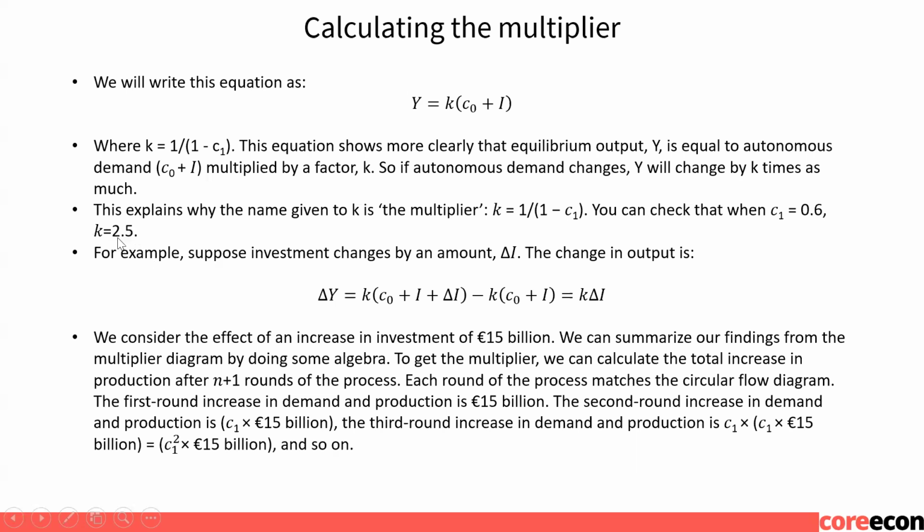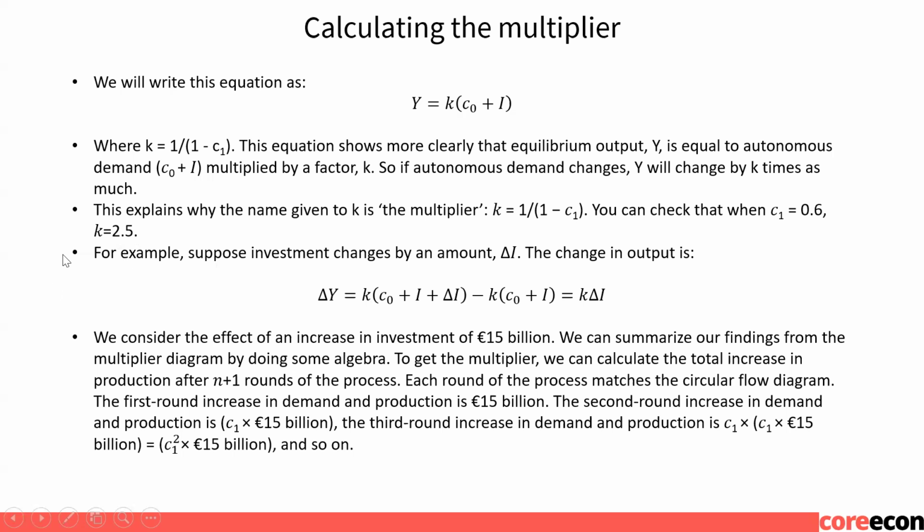This may be familiar from what we found a second ago. A decrease of 15 billion euros led to 37.5 billion euros, and the ratio was 2.5. And indeed, if C1 is equal to 0.6, you plug this in to find 2.5. So if C1 is equal to 0.6, it gives you a multiplier constant of 2.5.